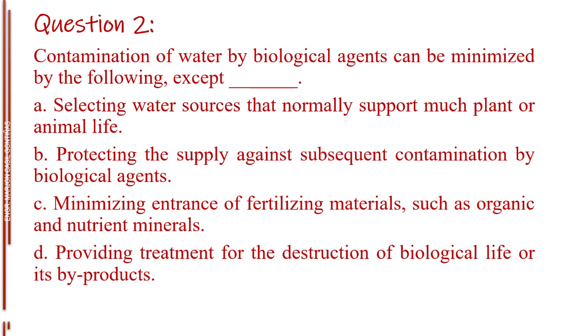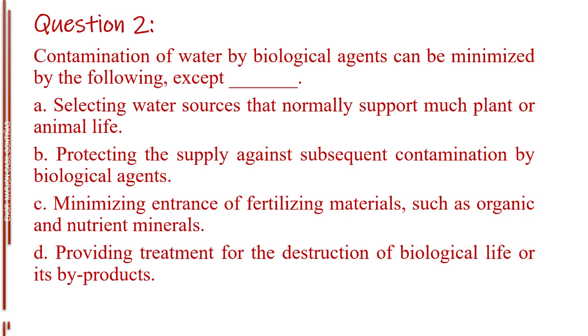Question number 2. Contamination of water by biological agents can be minimized by the following, except blank. Letter A, selecting water sources that normally support much plant or animal life. Letter B, protecting the supply against subsequent contamination by biological agents.